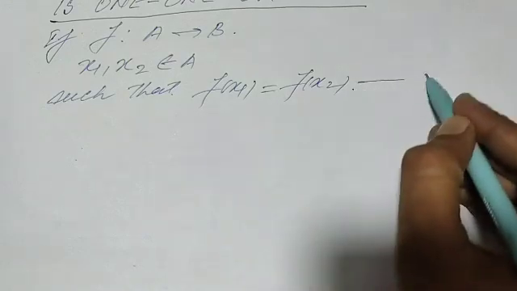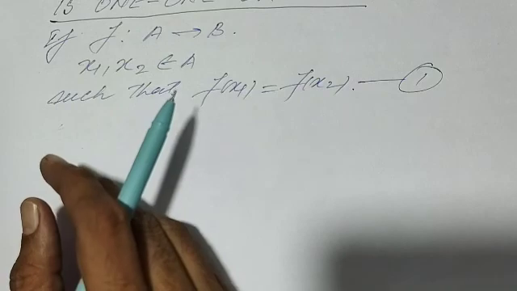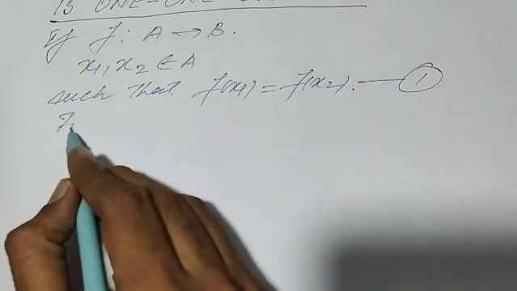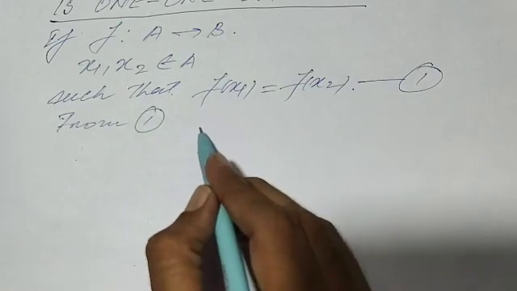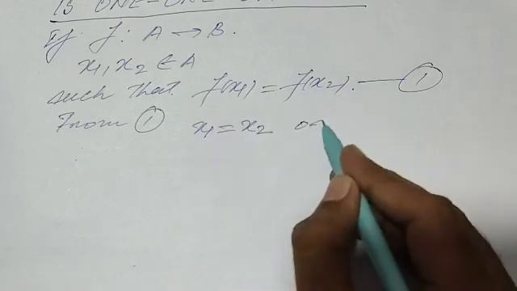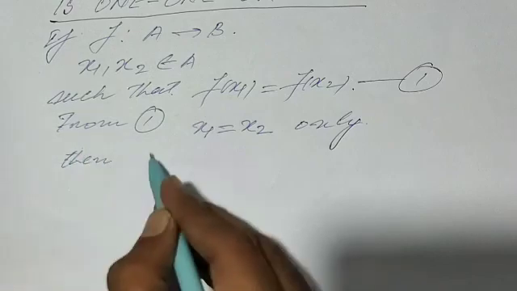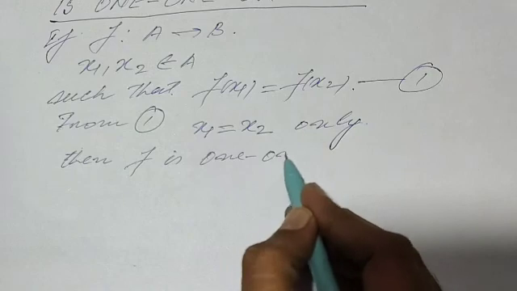Then we simplify this for establishing a relation between x1 and x2. So from this, if we get only one result, that is x1 is equal to x2, only one result, then we say f is a one-one function.